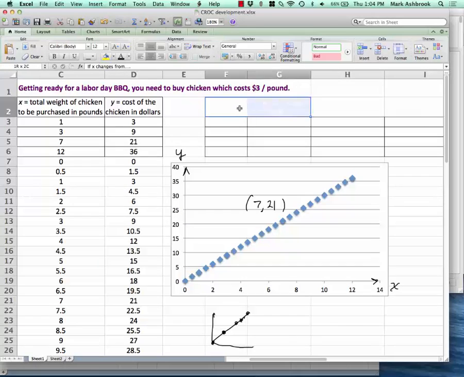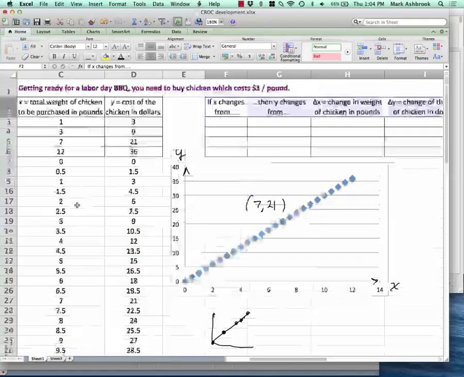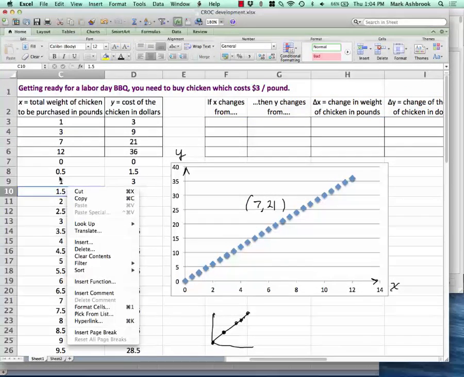Now I've got some more variables over here. Let's see here. So I want to get rid of these now.